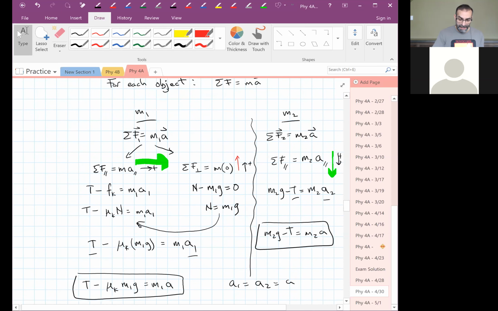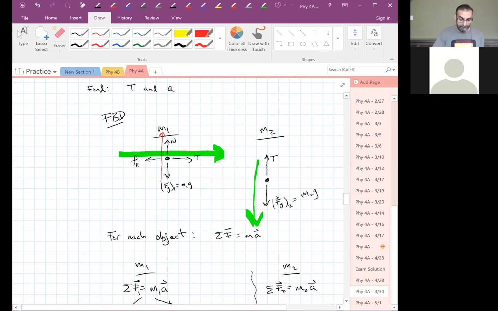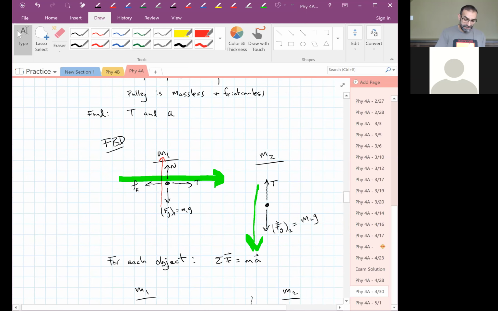So the reason I don't like X and Y over here, a lot of people would call this the X, Y directions. And I said I didn't like that. I liked parallel and perpendicular, right? Well, the reason I don't like X and Y is because what would you call it for M2?